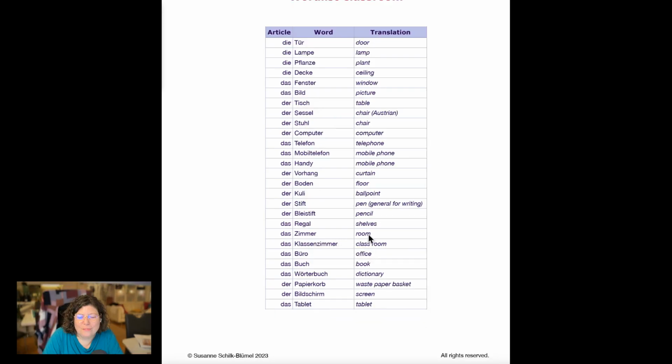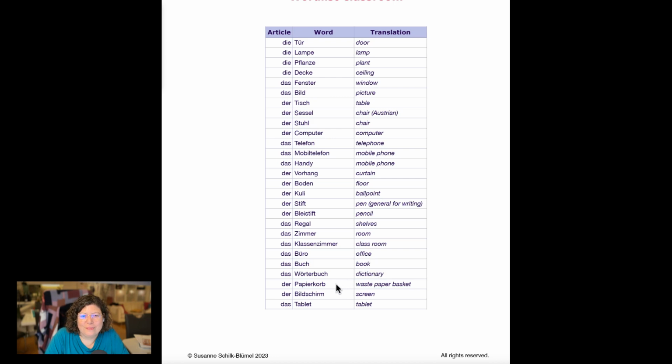Computer. Computer. Das Telefon. Telephone. Das Mobiltelefon. Mobile phone. Das Handy. Mobile phone. Der Vorhang.